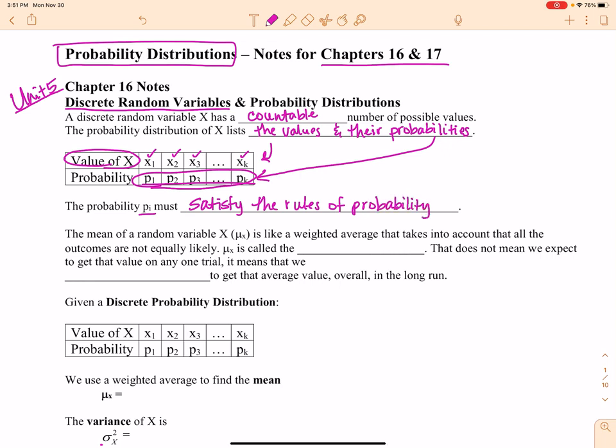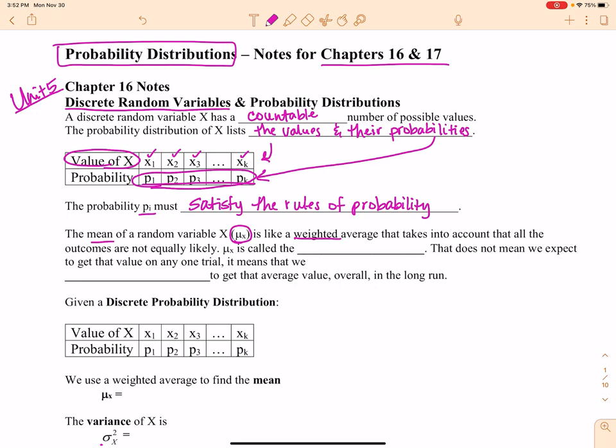When we look at a distribution for discrete random variables, we need to talk about the mean, and we use the Greek letter mu to represent it. It's not just an average, it's a weighted average, because it takes into account the idea that each of the outcomes is not equally likely. It's not like a straight average where you just add the numbers and divide by how many there are. This is a weighted average, like your weighted GPA.